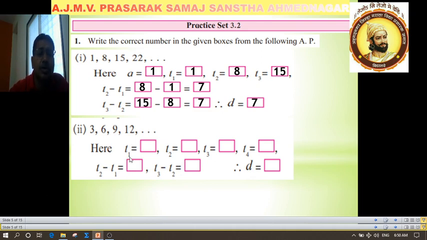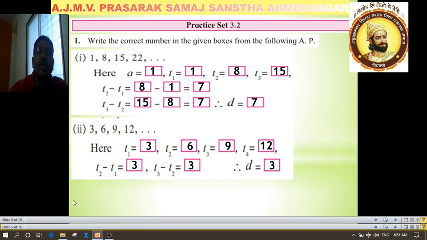If we observe, T1 is the first term, 3; T2 is the second term, 6; T3 is the third term, 9; T4 is the fourth term, 12. T2 minus T1: 6 minus 3 is 3. T3 minus T2: 9 minus 6 is also 3. So the difference between any two consecutive terms is 3, so the common difference is 3.